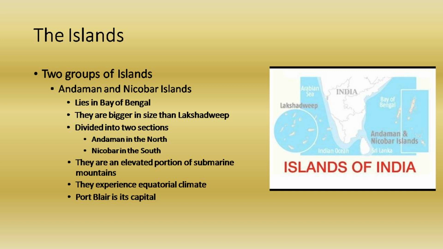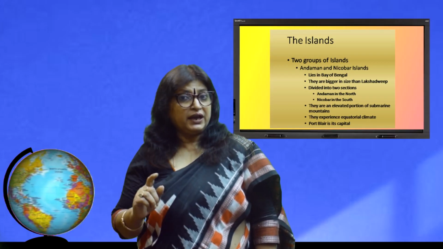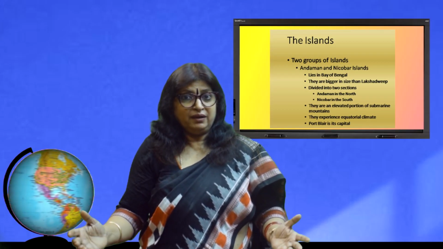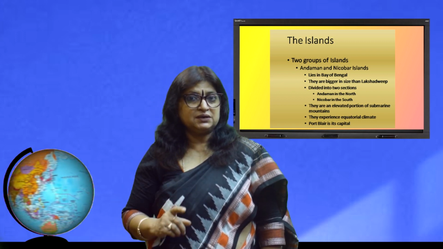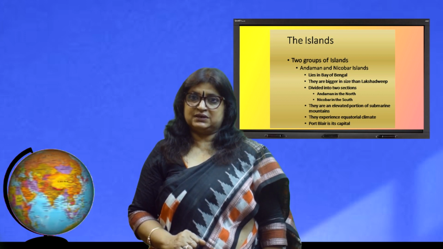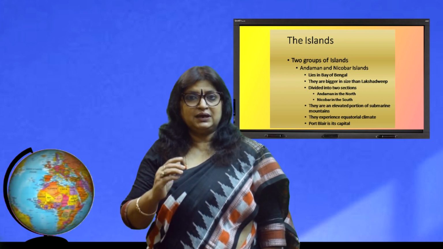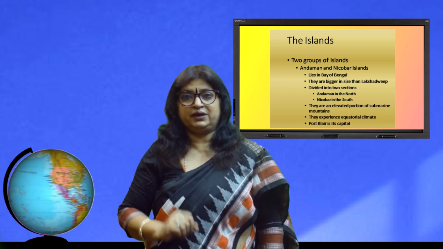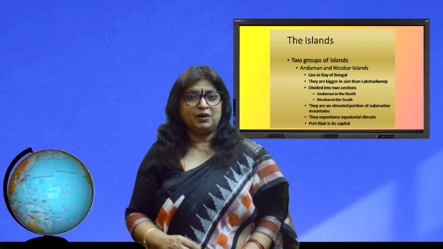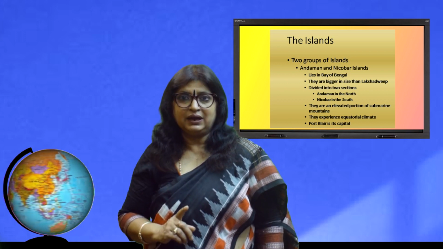Coming to the administrative capital of Andaman and Nicobar Islands, it is Port Blair. Can anyone tell me what climate prevails in Andaman and Nicobar? It experiences an equatorial type of climate. Why? Because it lies very close to the equator, which lies at 0 degrees. This is all about your Andaman and Nicobar Islands.